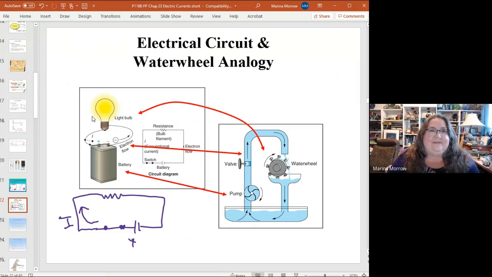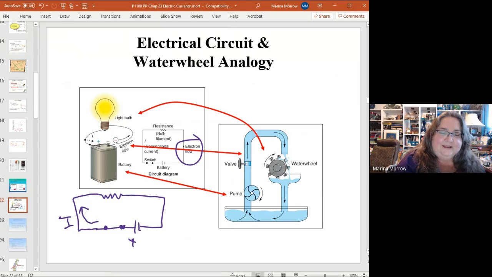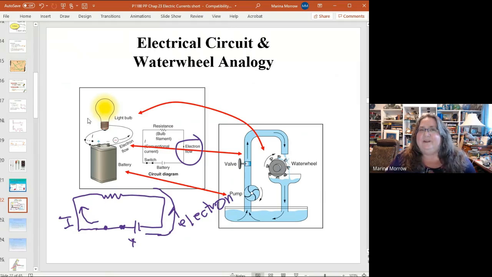But then you didn't have to deal with negative numbers, and so we just pretend that the current is a flow of positive charge. However, in reality, the electron flow is in the opposite direction. The electrons actually flow out of the negative end of the battery, around the circuit, and back into the positive end. It's a little bit weird, but the electrons go opposite the defined direction of current.